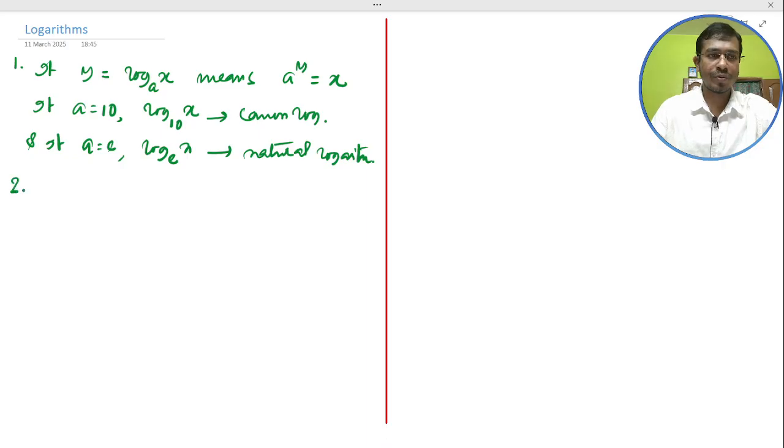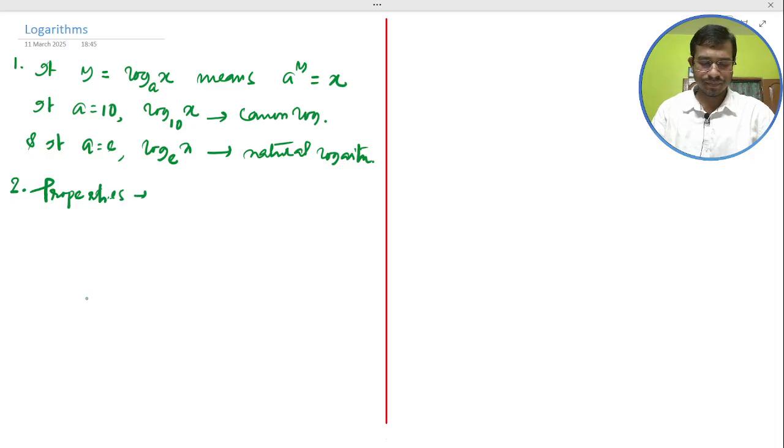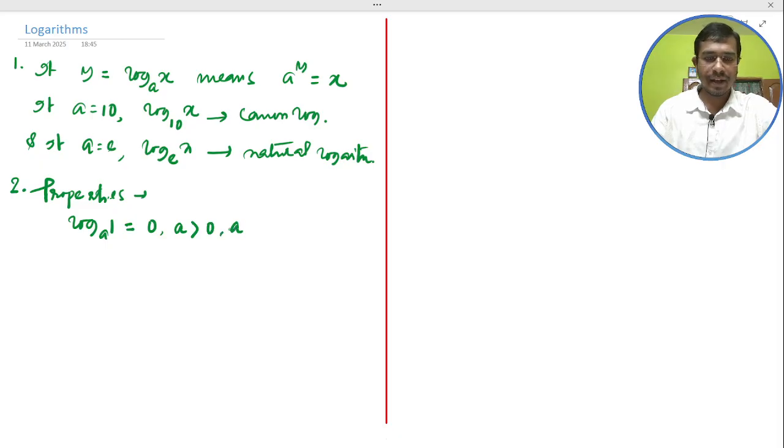Next, number 2, the properties. Property 1: log of 1 is equal to 0, where a is greater than 0 and a is obviously not equal to 1.